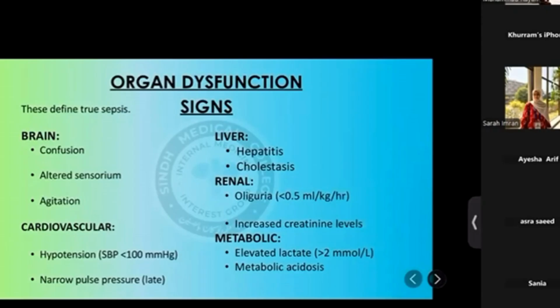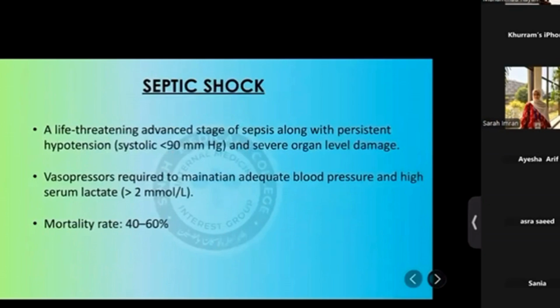Milder or moderate sepsis should not be ignored, but has to be treated. But if you are having severe sepsis in a patient, you have to take ICU on board, and that's a life-threatening condition. So moving forward, if you see severe metabolic acidosis on the ABGs, now you're suspecting septic shock.